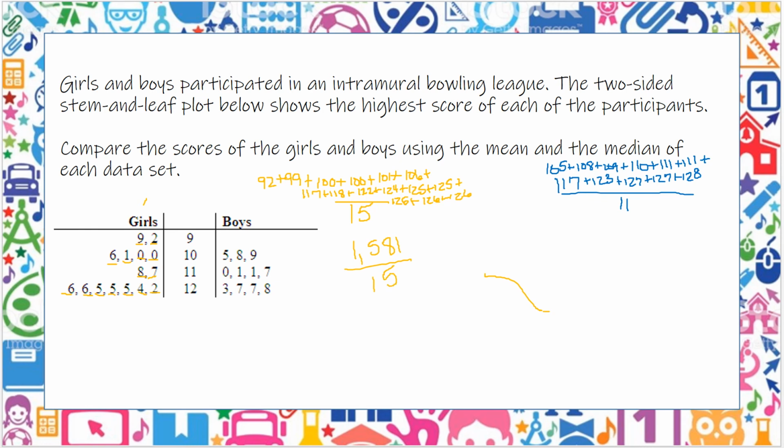And I get, for the girls, 1,581, and we're going to still divide that by 15. When I divide that by 15, I get 105.4. That is the mean of the girls.